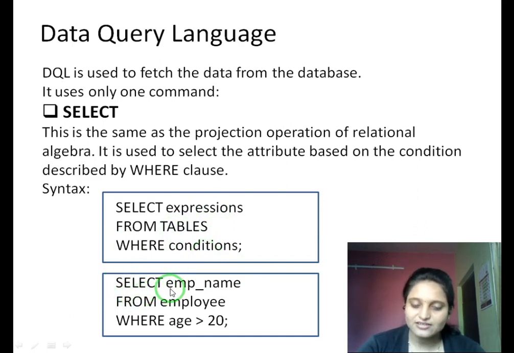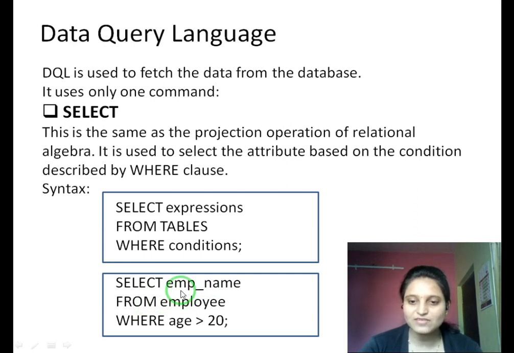Let's take an example. Suppose I want only the employee name from the employee table whose age is greater than 20. This is a simple user request, and from this user request I write one query. How? Select employee name, this is the expression, from the table name.